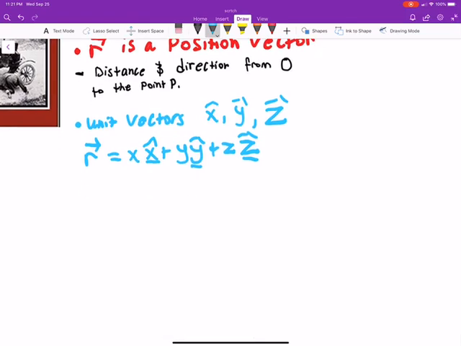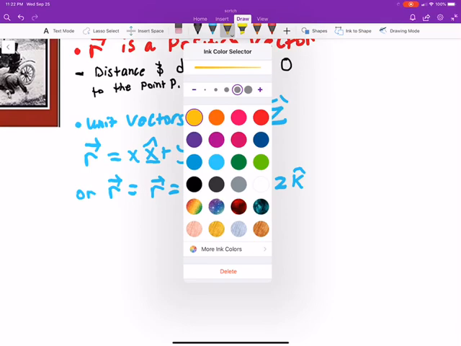And sometimes you see it written like this, where r is just x i hat plus y j hat plus z k hat. I guess just writing x and y and z over and over again got a little redundant, so they're like, well, we'll change it up, I suppose.